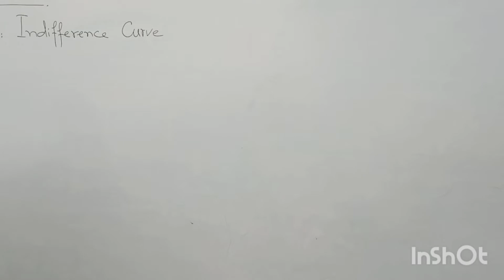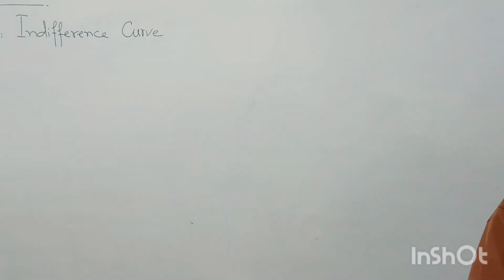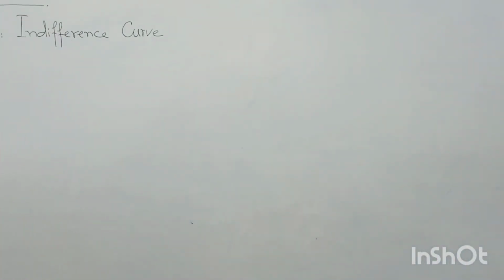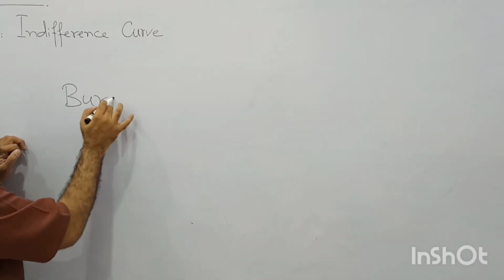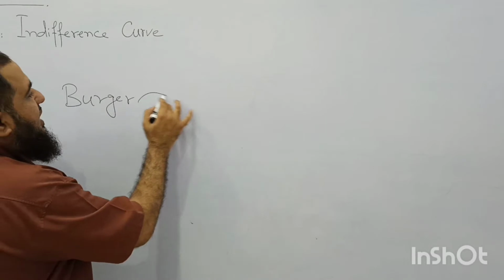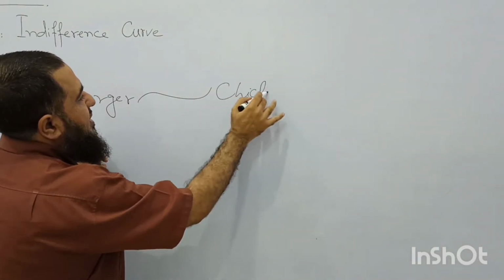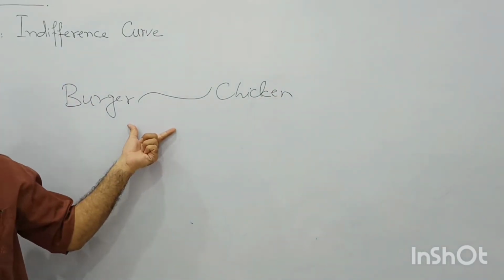Indifference means what? When a consumer is in a situation where two goods give him or her the same level of satisfaction and they face a problem of which one to buy. Like, say there is a burger deal and a chicken deal, now the consumer is just indifferent between them. This is the sign of indifference.